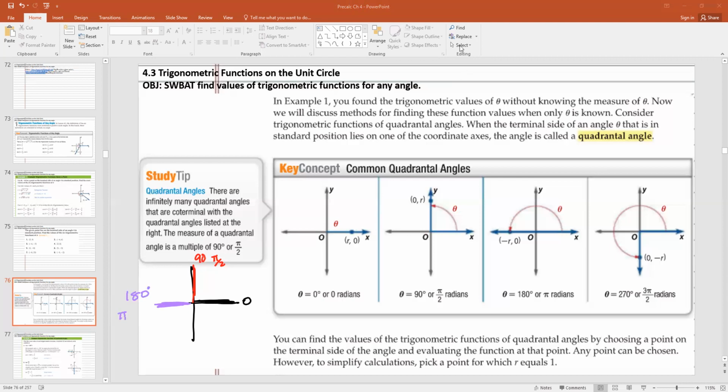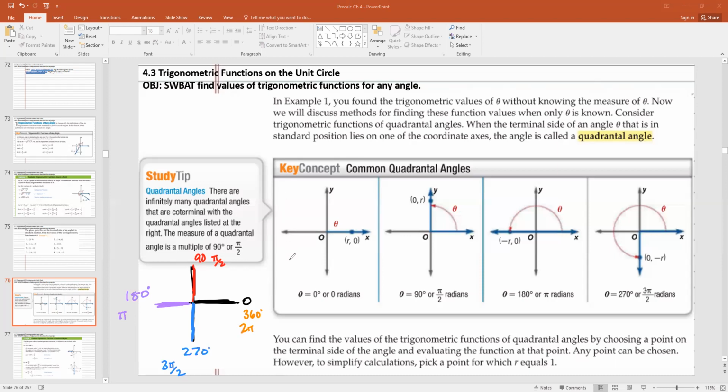And this one over here is 270, or 3 pi over 2. And then going back to the 0, you can say 0, or it could also be 360 degrees, or 2 pi.